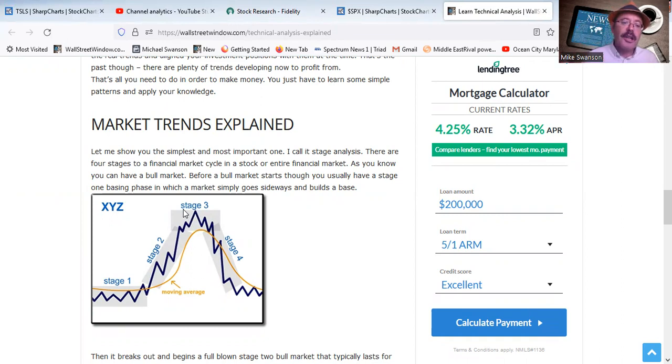Look at how the market is trending relative to its 200-day moving average. When you're below that moving average, it's acting as resistance. That's a bear market. It's a stage 4 bear market. Stage 2 is when the opposite is happening, and you get a stage 3 in between and a stage 1 in between those phases too.